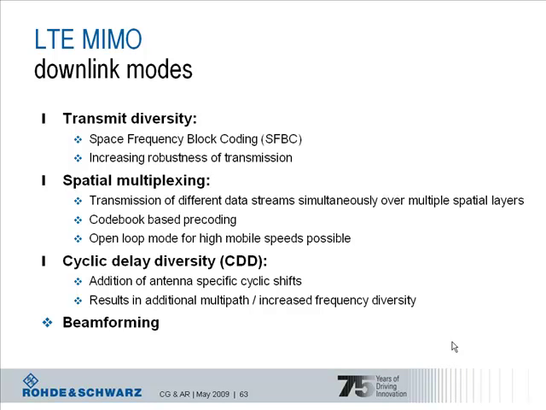And this will be illustrated further in the following as well. There's an open loop mode and a closed loop mode available for this spatial multiplexing scheme. The closed loop mode is relying on UE feedback, and the open loop mode is beneficial at high mobile speeds where the UE feedback may not be reliable anyway. So then the base station can operate in open loop mode.